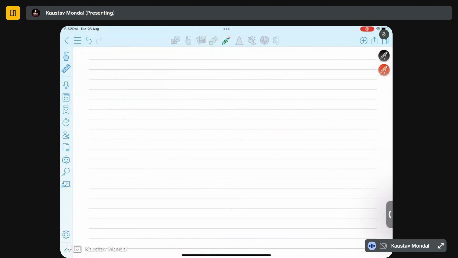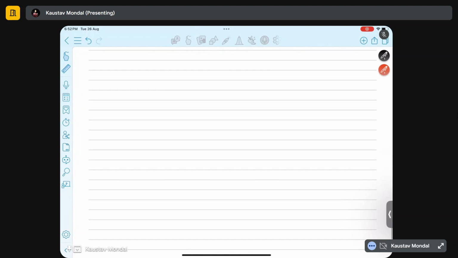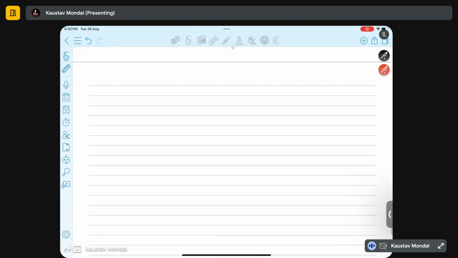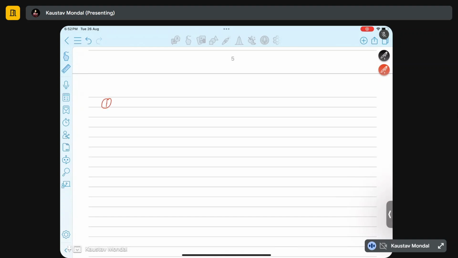So the problem number 1 is: we have been asked to calculate the standard molar entropy of gaseous helium at 25 degrees centigrade.